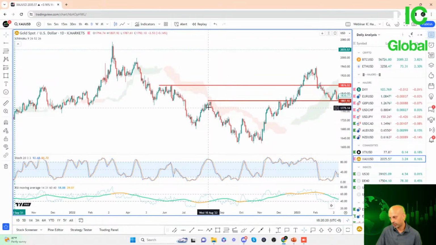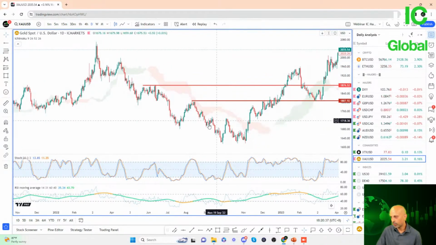Then, of course, as price moves away from 1,800, it starts to drop lower. We of course see stochastics turning lower. We also see RSI dropping lower as well, helping us to identify a potential short entry or a bearish reversal on gold prices here. Where would we identify a suitable take profit, right?